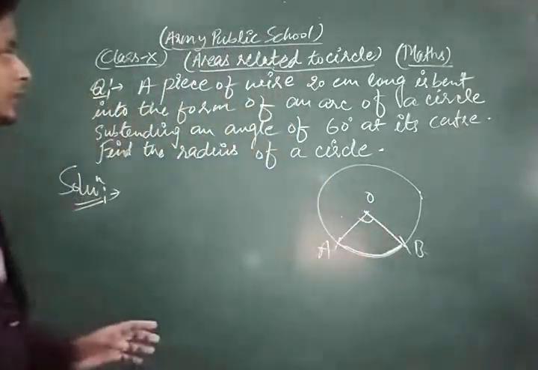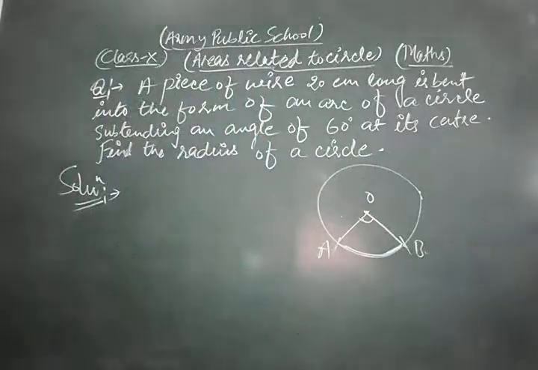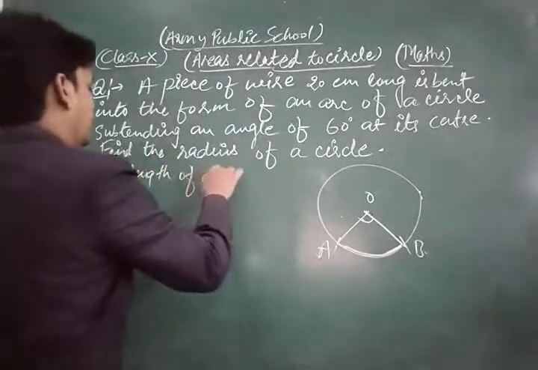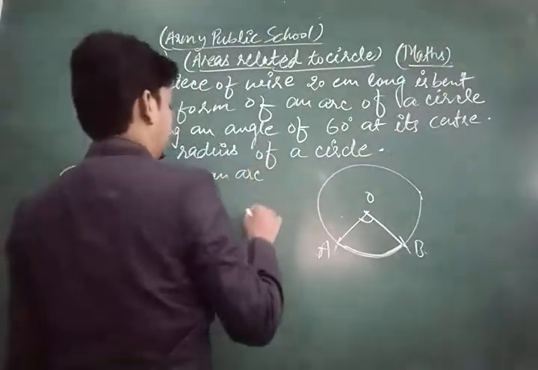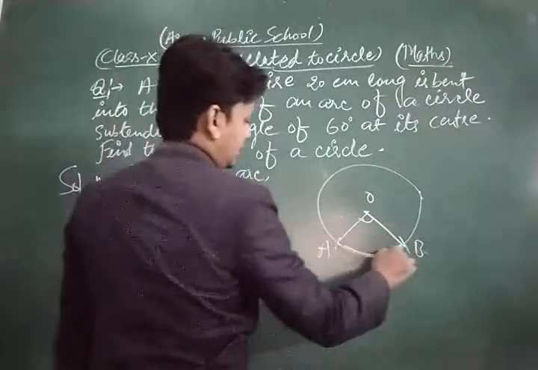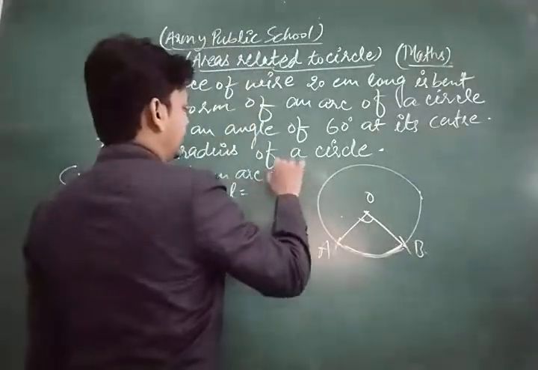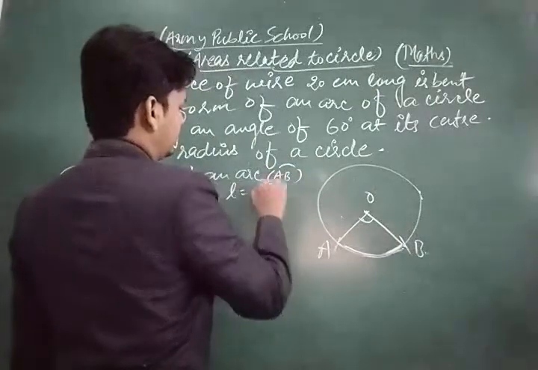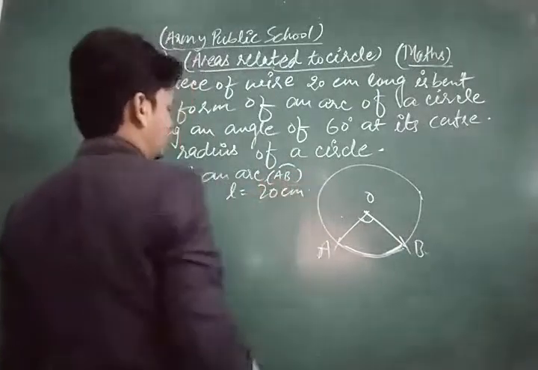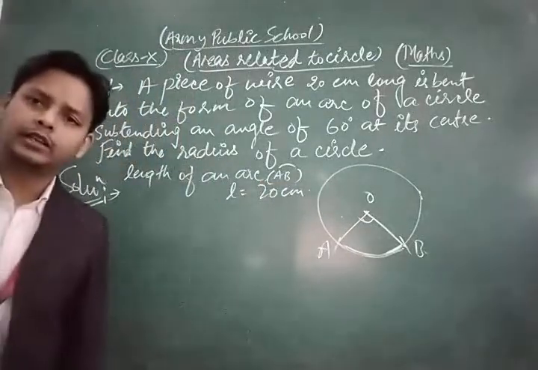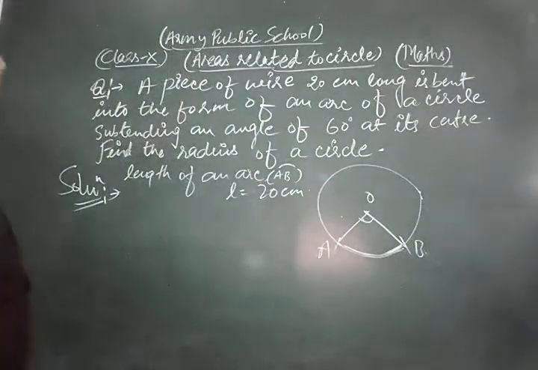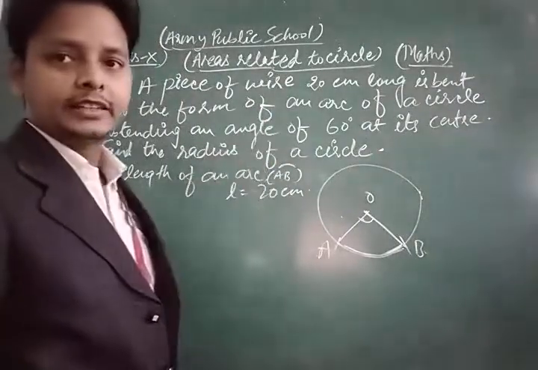A wire 20 centimeter long is bent in the form of an arc. So the length of arc L, that is the length of arc AB, is 20 centimeter, and it is bent into the form of an arc of a circle subtending an angle of 60 degree at its center.